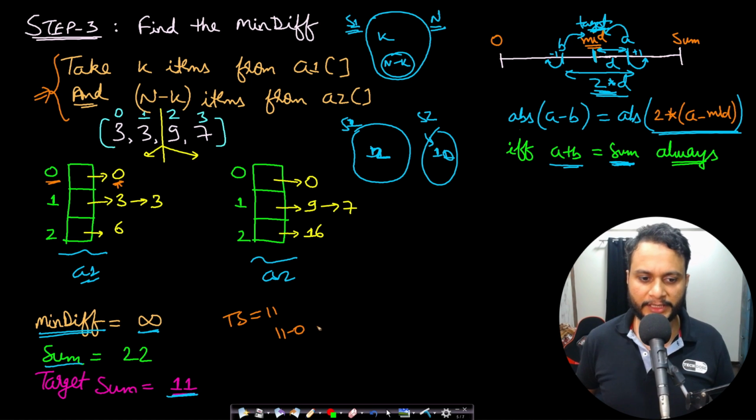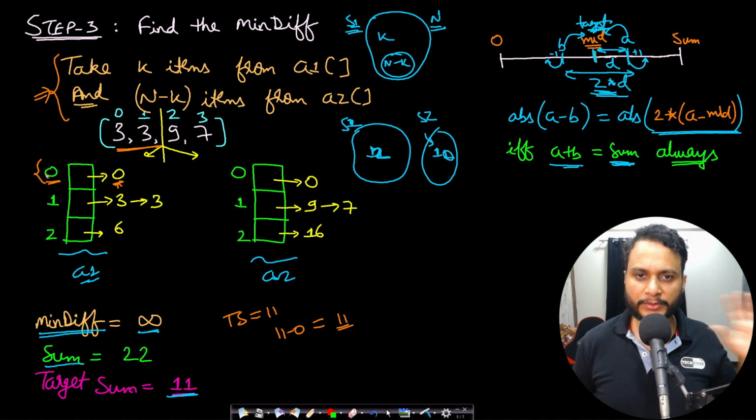Therefore, the new target that we want to find is 11 only. And how many items do I want to include? Since I should always have n number of items, that means 2 items in total when I am doing this operation, and I have included 0 items from the first array, then I must include 2 items from the second array. So I have no option but to go to row number 2.